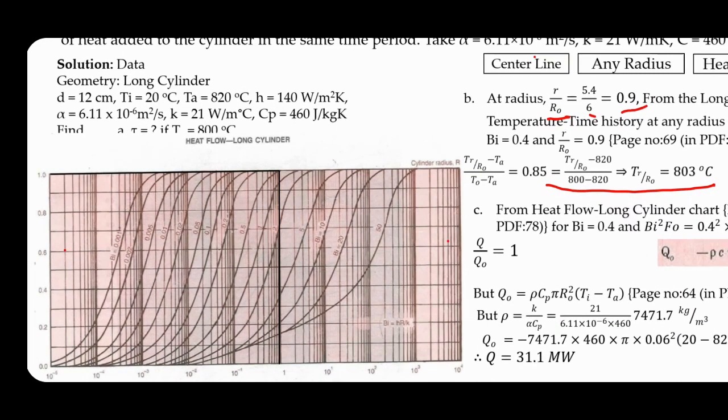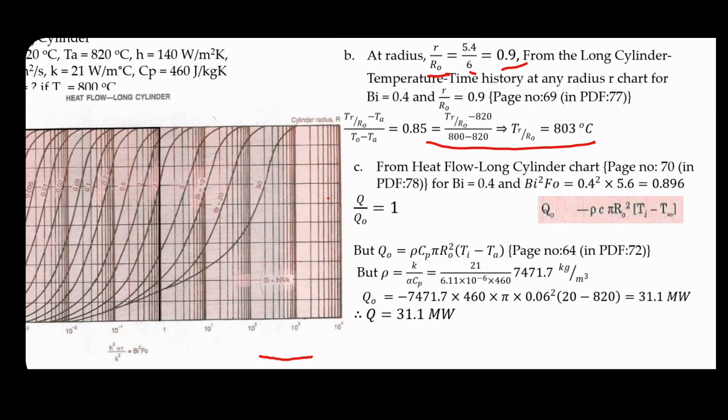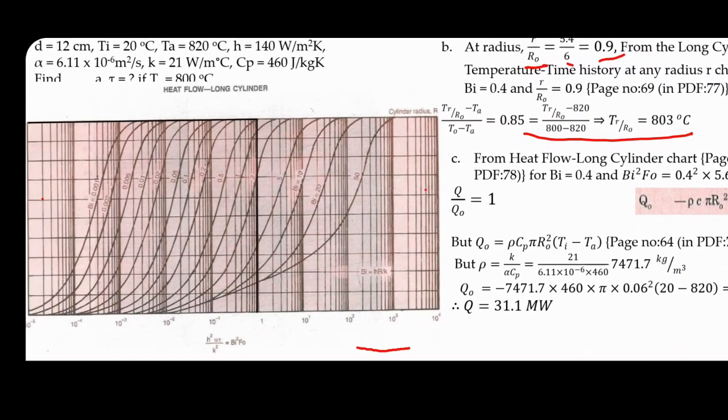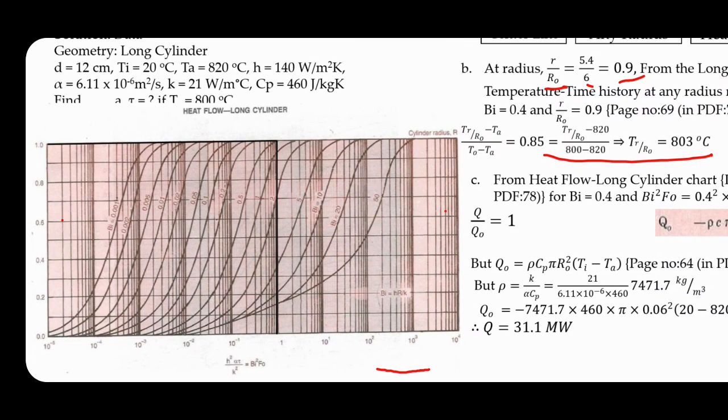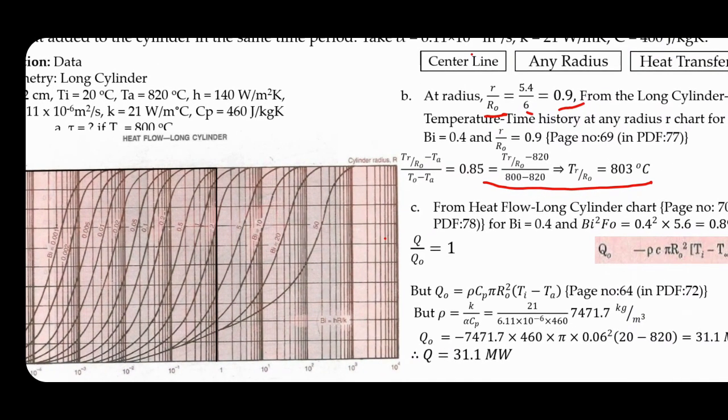So now I need to locate on the x-axis 0.896 and I need to locate the 0.4 Biot number curve.